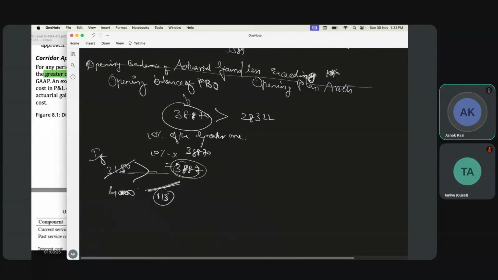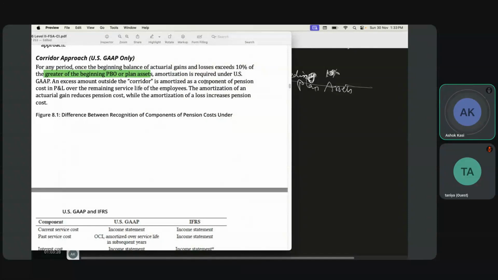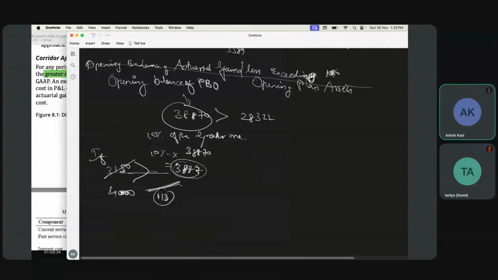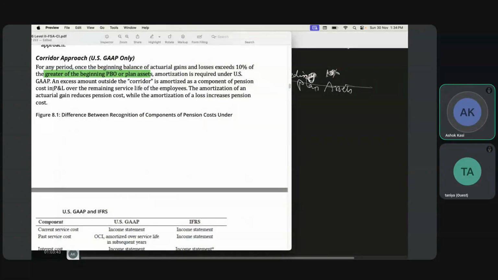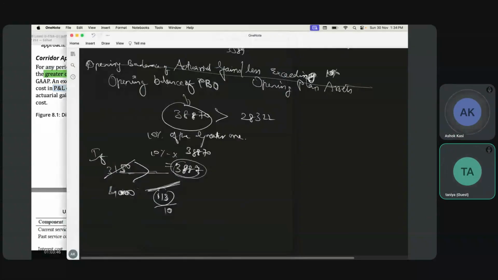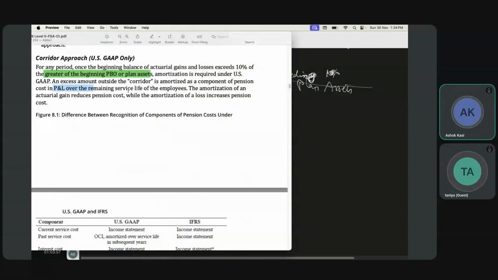That is 113. It is amortized as a component of pension cost in profit and loss over the remaining service life. Let's say his service is the next 10 years more. So every year I'm going to amortize 11.3 in profit and loss. So this excess amount will be amortized every year till the remaining service life of the employee.